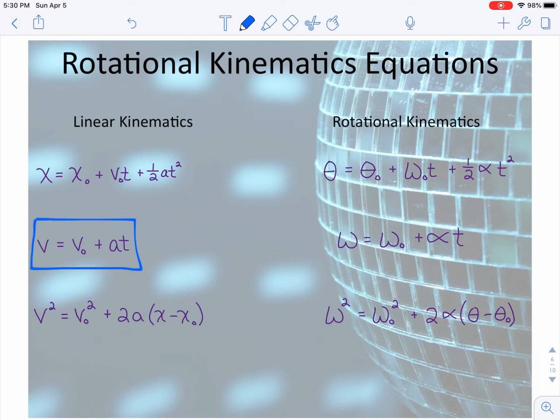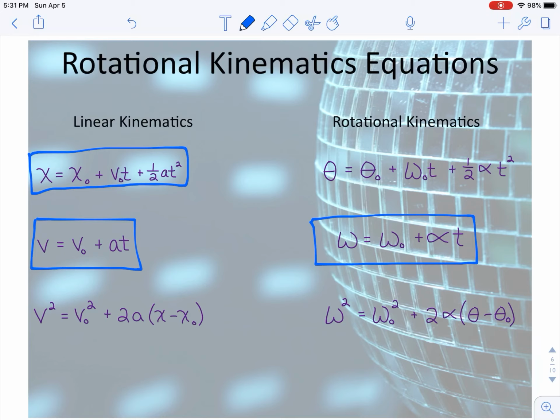Well, we're going to use a very similar equation when we talk about rotational kinematics, in that we have angular velocity final equal to angular velocity initial plus angular acceleration multiplied by time, or omega final equals omega initial plus alpha times t.